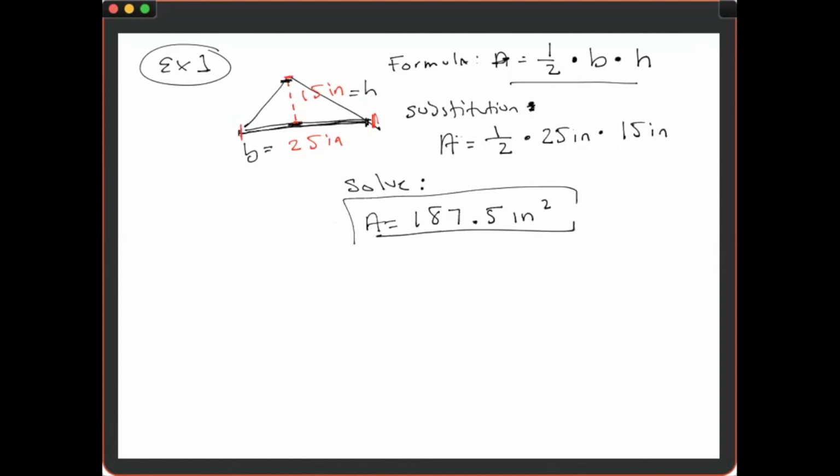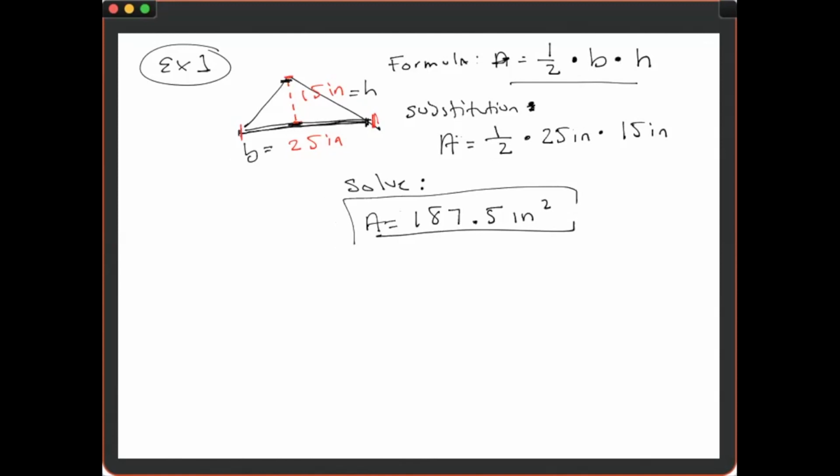Some of you are probably asking, how was I able to do this? Well, you have to do the calculations. I'm going to do it two ways. I'm going to use the fraction form, which is 1/2, and also the decimal form, which is 0.5. So 1/2 and 0.5 are the same thing. Some of you are asking, why not just use 0.5?